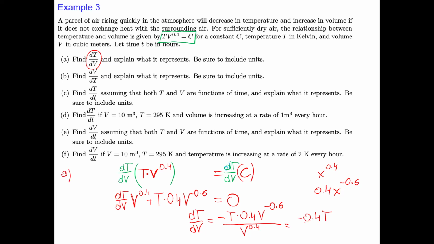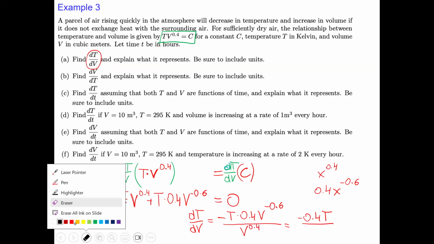Negative 0.4 T divided by V, because when we drop it down, this is to the negative, then putting it in the denominator, we have 0.4 and 0.6 multiplying the same base, so we can add those. That means it will be basically V to the power of 1.